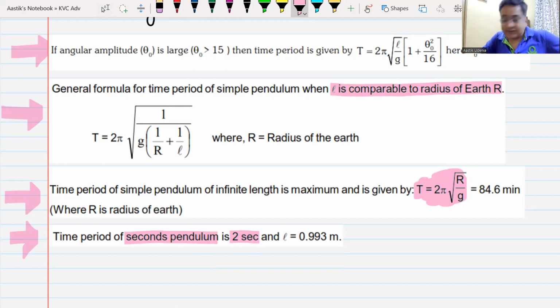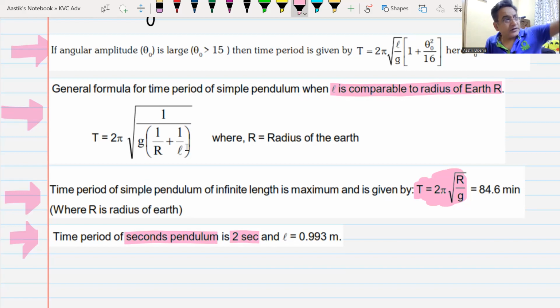The next points are with regard to the change in time period, and this change in time period of a pendulum clock comes up a lot. If you have a clock based on a simple pendulum, then the time period may increase or decrease.